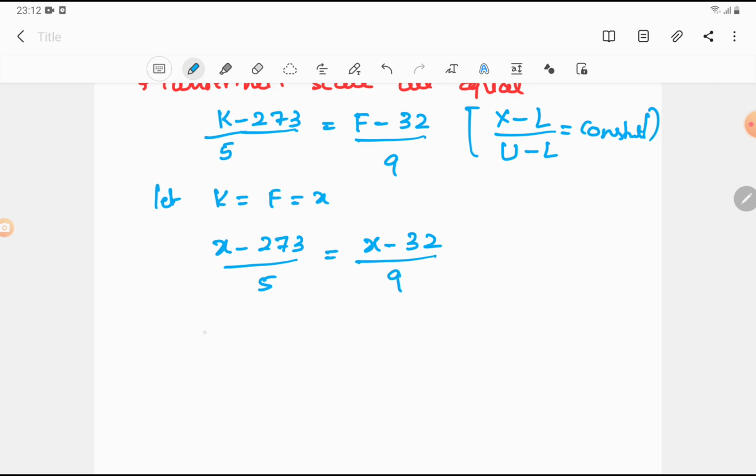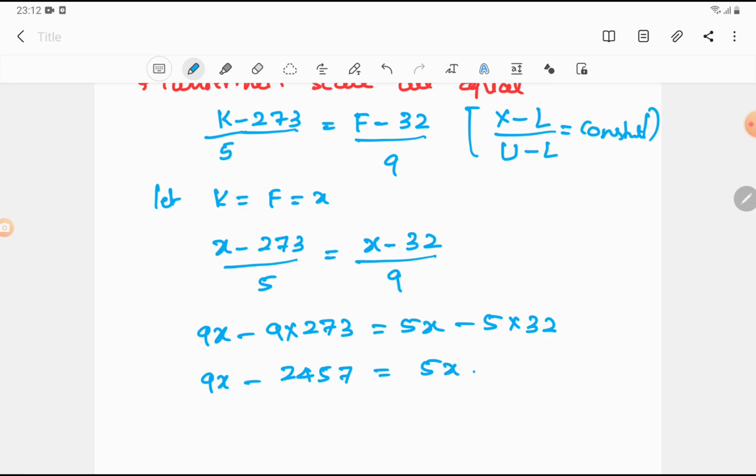So cross multiply, 9x minus 9 into 273, 5x minus 5 into 32. So this is 9x minus 9 into 273. So do it, you will get 2457, which is 5x. This is already done in the previous case, that is 160.